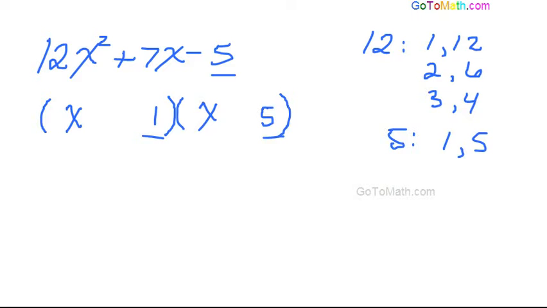Okay. Let's put a 5 here and a 1 here. Let's just start putting some numbers in here, I guess. So 3 times 1 is 3, and then 5 times 4 is 20, and 20 and 3, that's not going to work, is it?